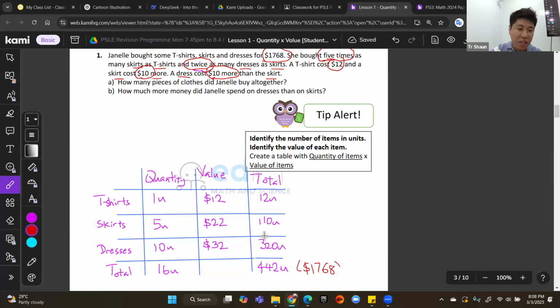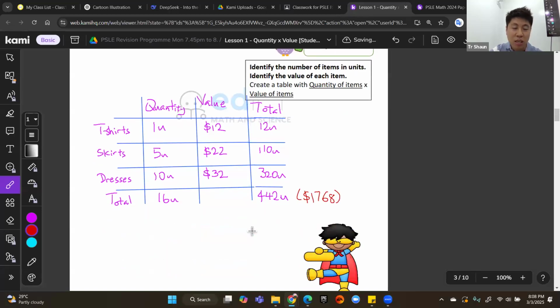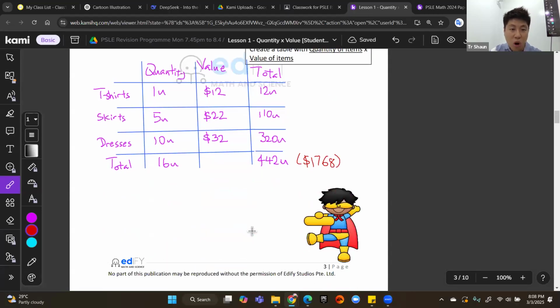So if you reach this stage, you must make sure your 1768 is able to divide by the 442. If it cannot divide, or if it's a never-ending decimal, you need to go and check whether you wrote any values wrongly.